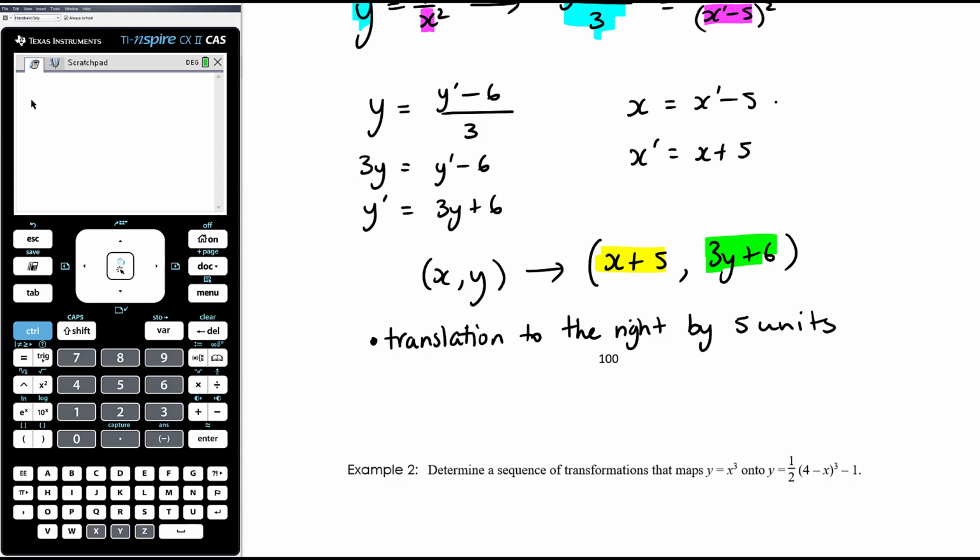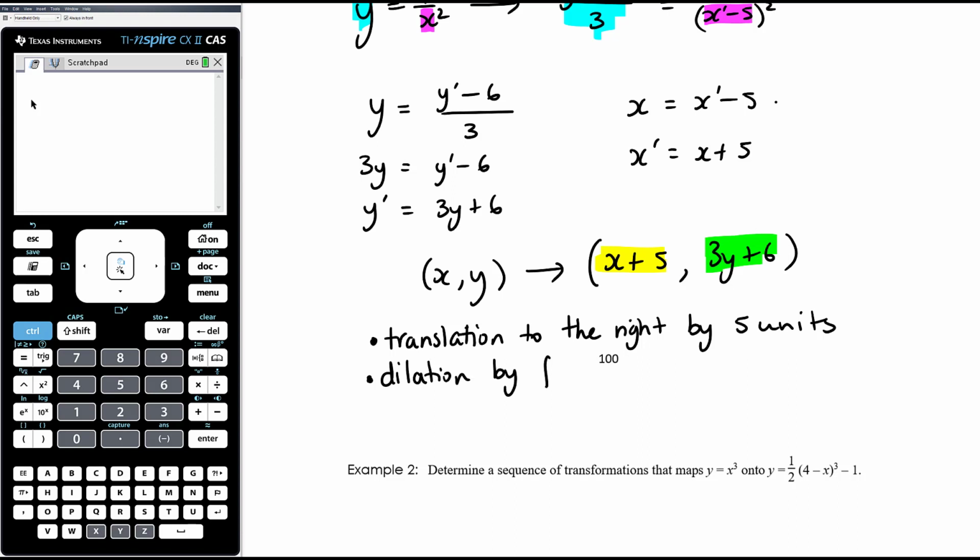Okay. Then let's focus on the y variable, and this is where order of operations is important. The first thing happening to y in this expression is it gets multiplied before we add on 6. So therefore, the multiplication, that dilation, needs to be explained first, needs to be listed first.